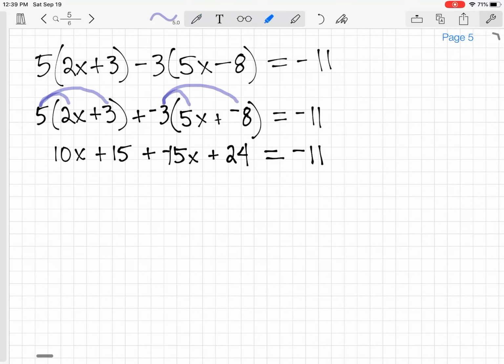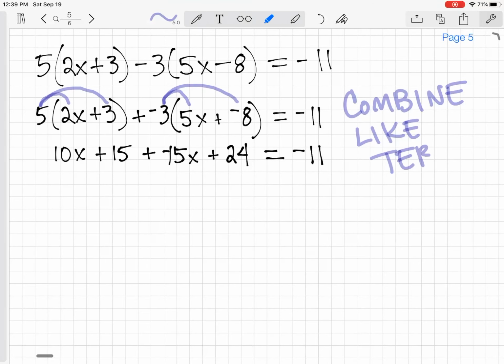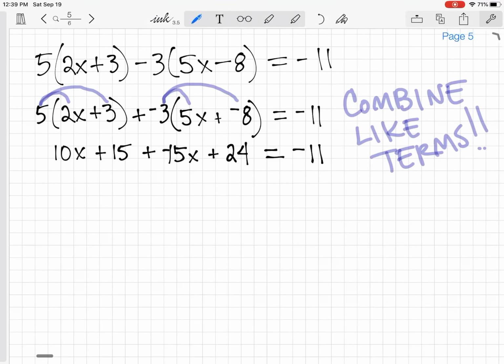So the next thing I'm going to do, and this is the thing that students frequently forget, which is combine like terms. Don't forget this part. Don't forget this step. So, my like terms that I see, I've got 10x and negative 15x.